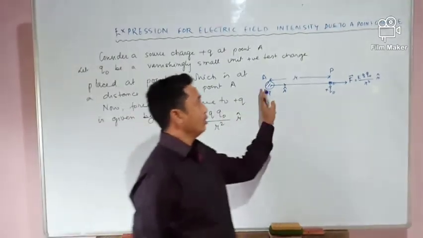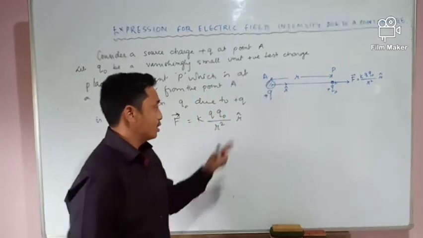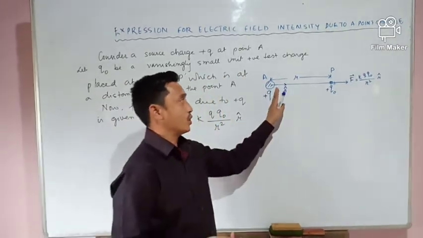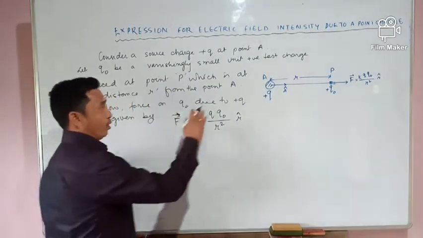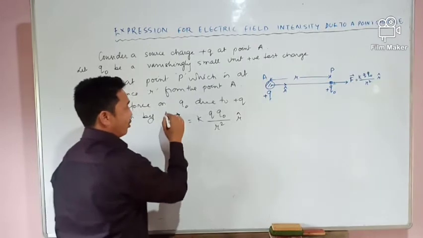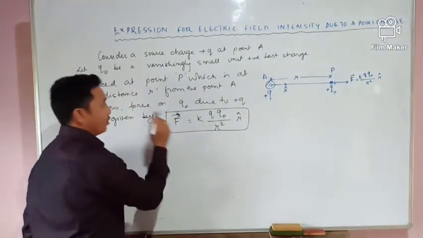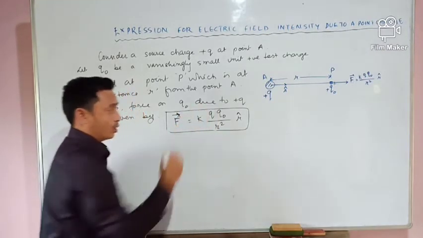Consequently, if it is positive, the force will be away. Here R unit vector is the unit vector from A to P. So this is the value of the electrostatic force on this particular test charge Q naught.